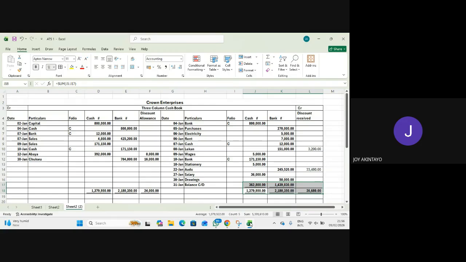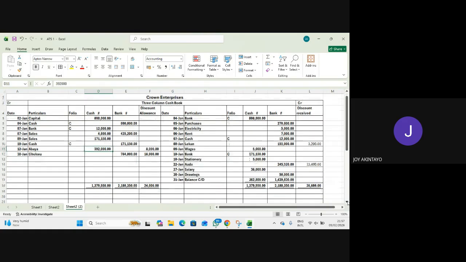You create a working sheet. You add everything together by picking your calculator. It's because I'm using Excel sheets. In the exam, I will just tell you to add 800,000, 12,000, 4,800, 171,150, 392,000 naira. You use your calculator to calculate. You write it somewhere by saying debit.